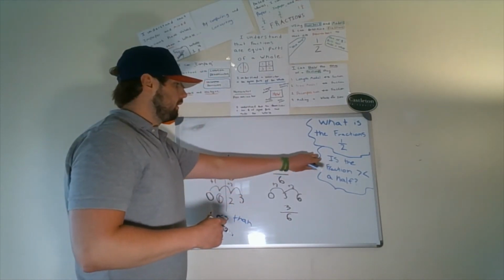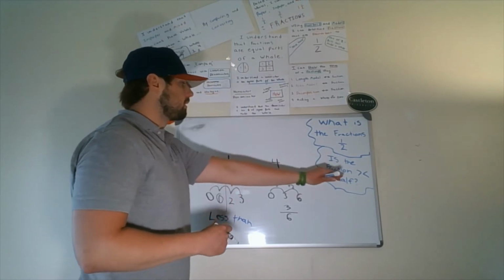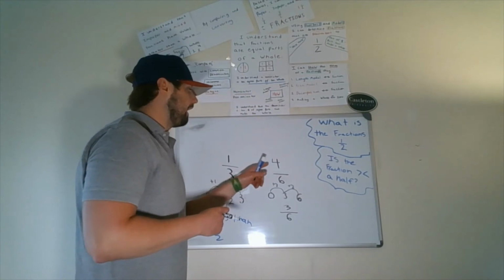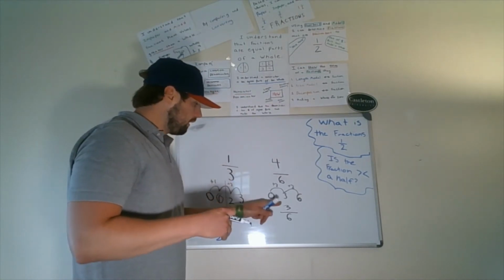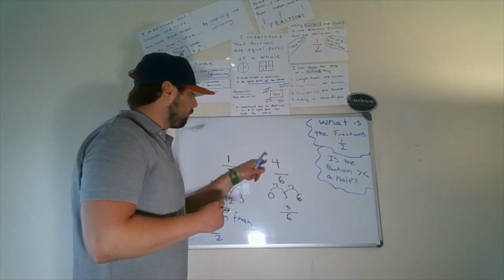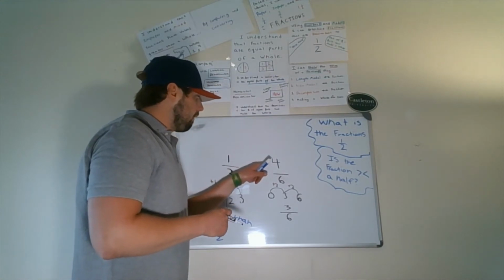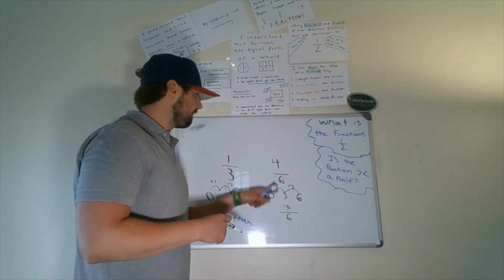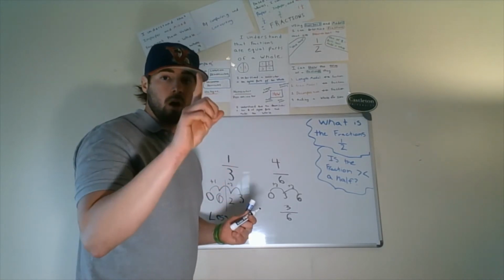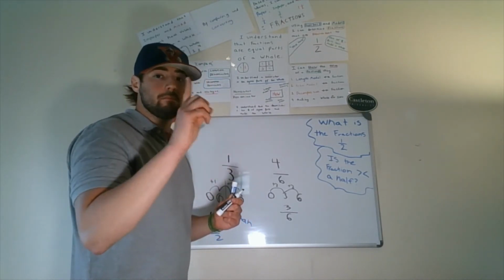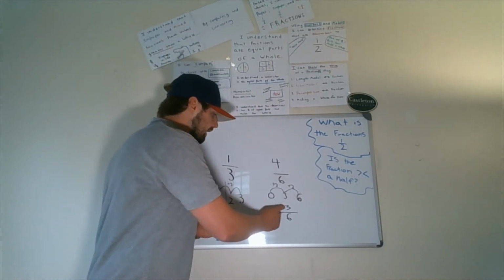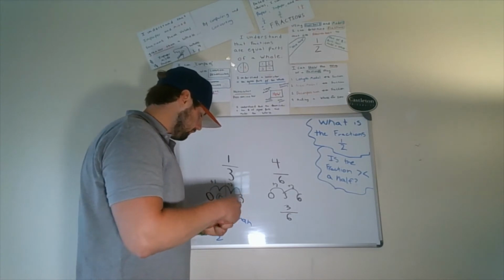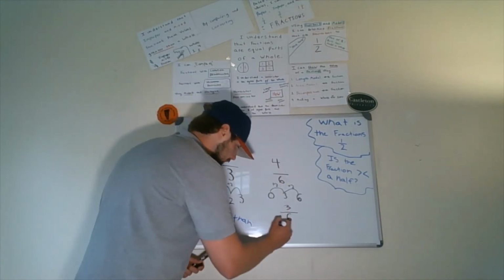Well, is the fraction 4/6 greater than or less than a half? Well, I need to now look at my numerator. 3/6 is half. 4/6, I have 4 parts versus the 3 parts and a half. 4/6 has 1 more sixth, 1 more part greater than 1/2. It is greater than a half.